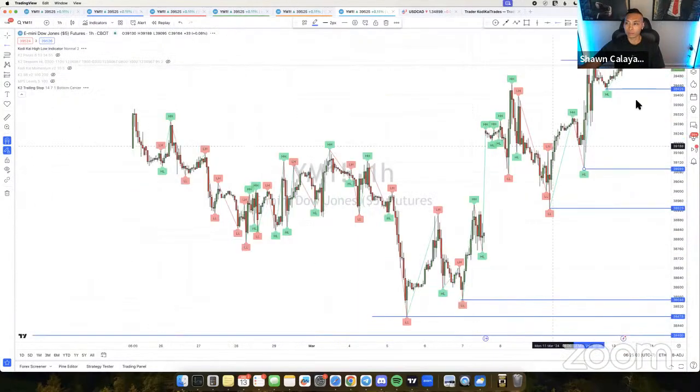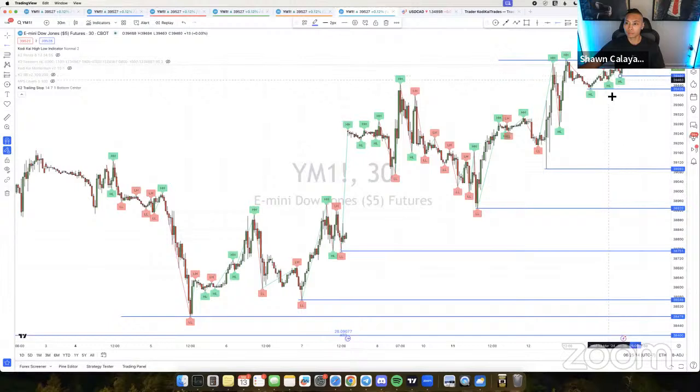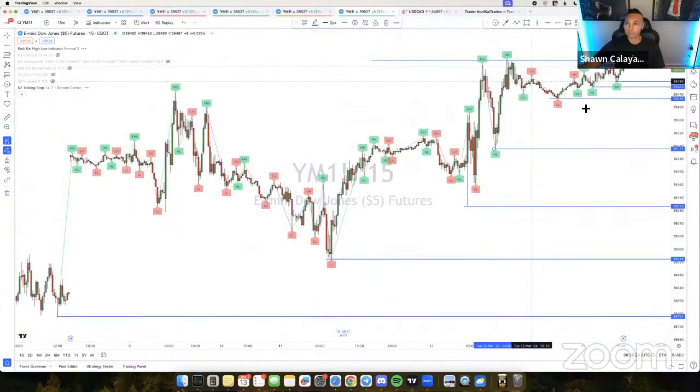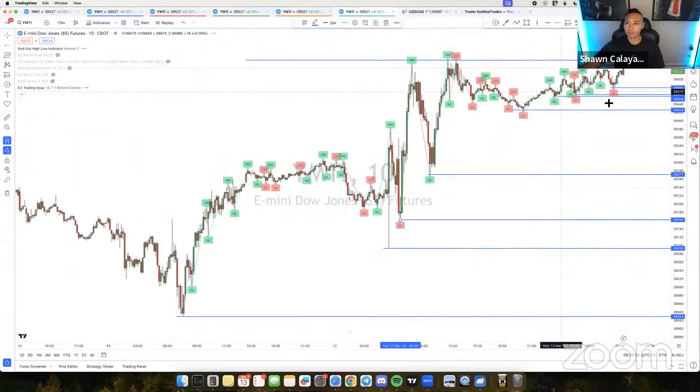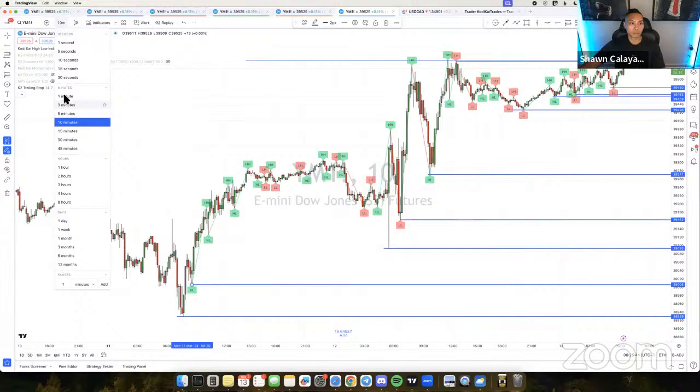Going down to the 1-hour. Going down to the 30-minute. Down to the 15. Down to the 10. And it looks like we are good to go.